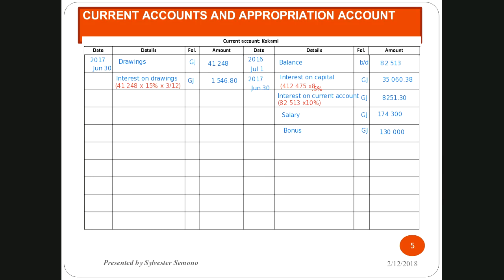Again, we need to show the calculation of how we found the share. The amount of the profit given was 1,915,825 times 2 divided by 5, because Sylvester was 3/5. And let's quickly do that.